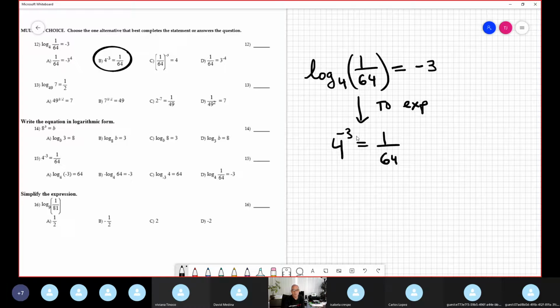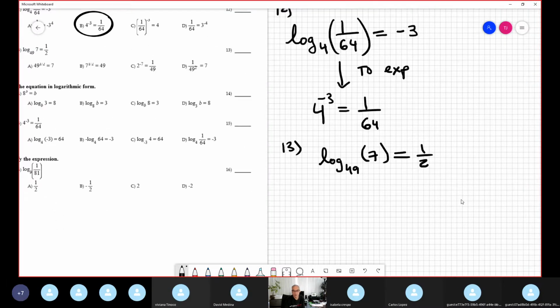And number 13 is logarithm base 49 of 7 is equal to 1/2. When you change to exponential, the base is 49, the exponent is 1/2, and the result is 7. Okay?